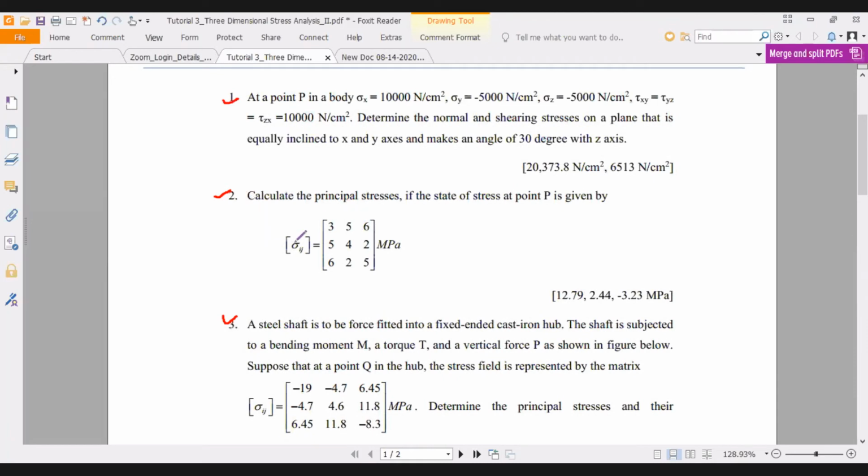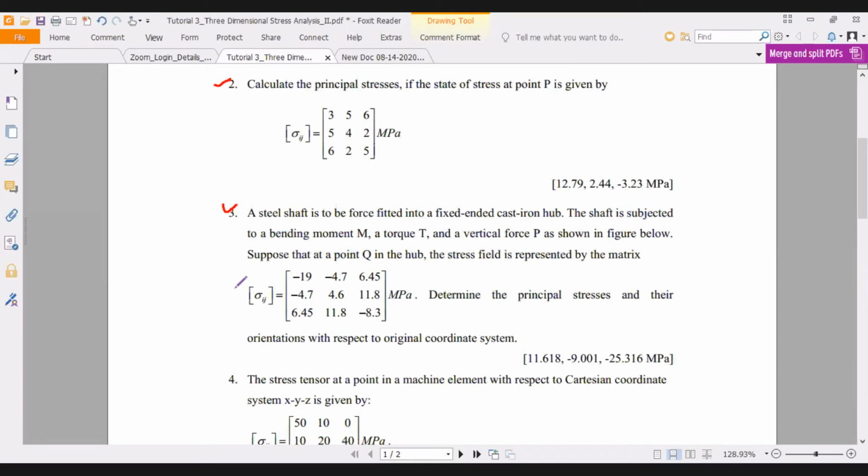So here again the stress field is given to you. You need to calculate the principal stresses corresponding to that point and their orientation. So the orientation part is new in this question. I have already explained how to find the orientation.